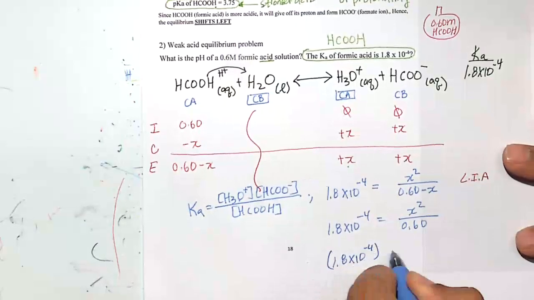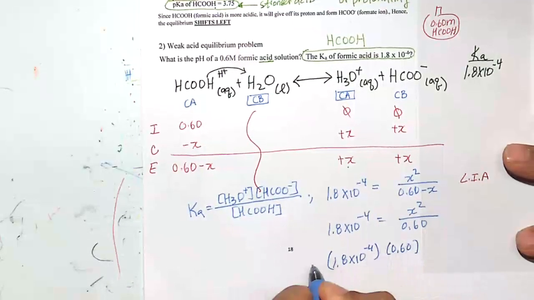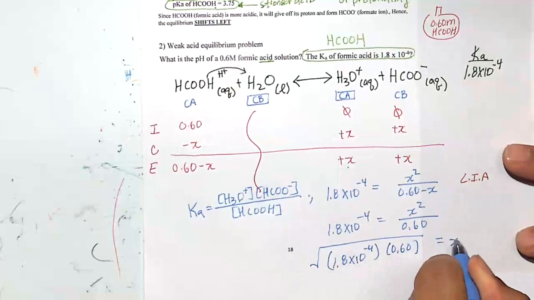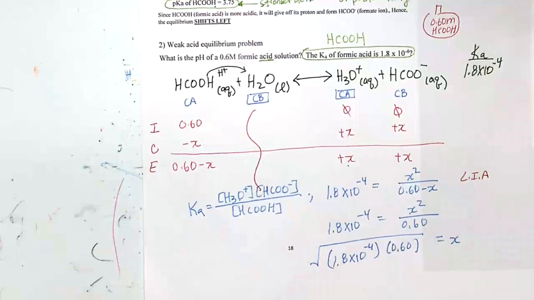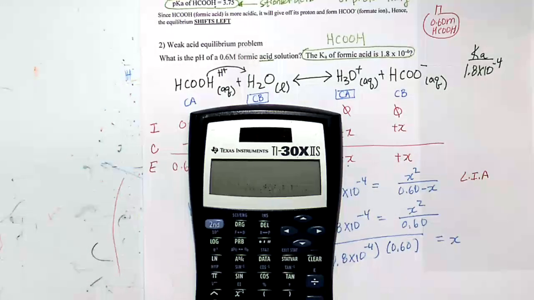0.8 times 10 to the minus 4 times 0.60, take the square root of this to give you X. And what is this on our calculator?